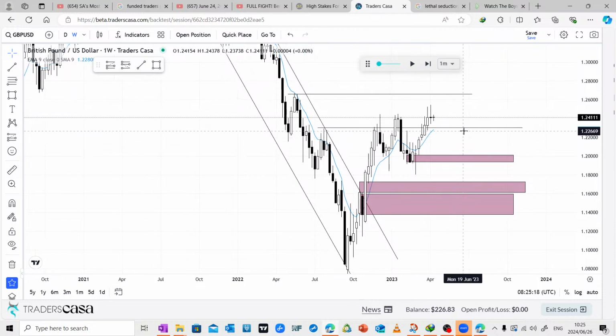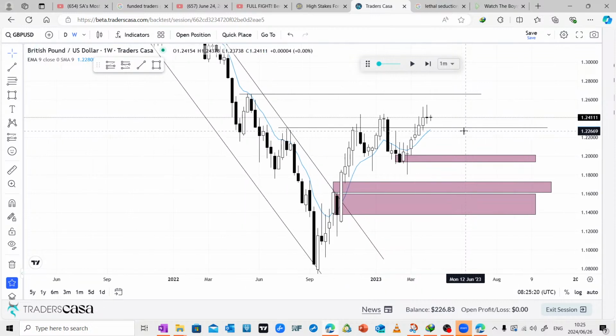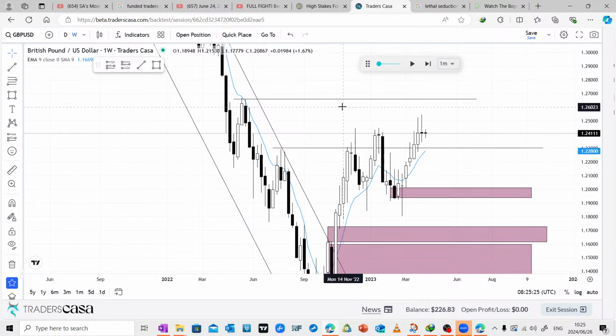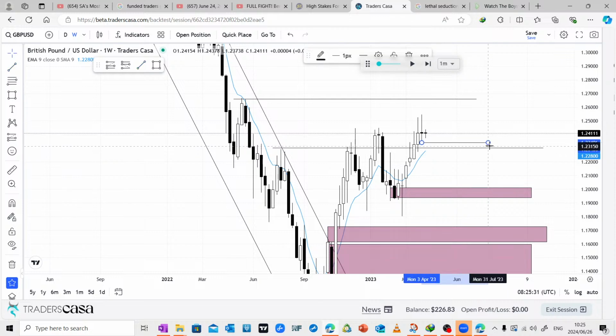So right there, that's where I need to mark off the weekly highs and lows. Right, so there's a low here, and there's another low here. And where's the weekly high? The weekly high is here, right there.